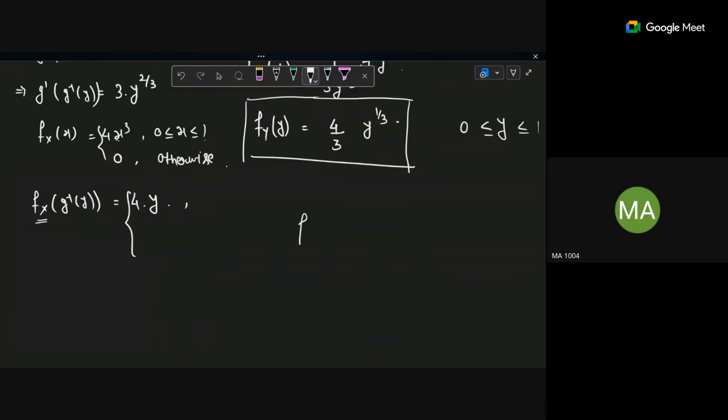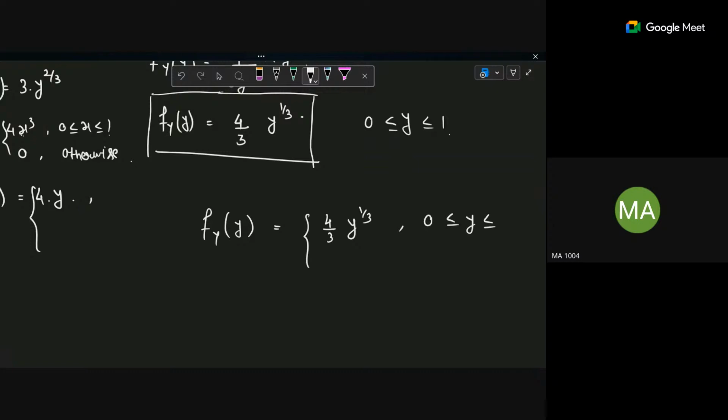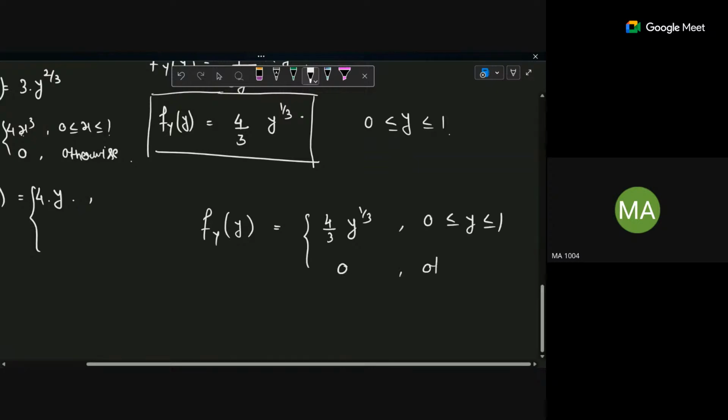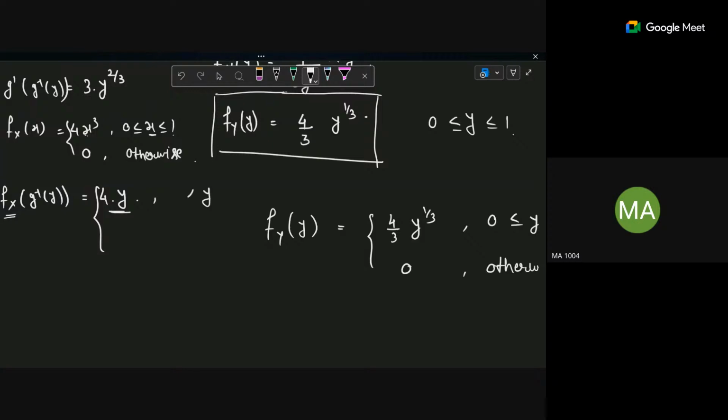But when we write the PDF of y, it will be fy of y equal to 4 by 3 y raised to the power 1 by 3, for 0 less than or equal to y less than or equal to 1, and 0 otherwise. So you were asking whether to put y raised to the power 1 by 3 lying between 0 to 1. Yes, correct. We do not write the range of y raised to the power 1 by 3, so we write it as 0 to 1. Okay, fine.